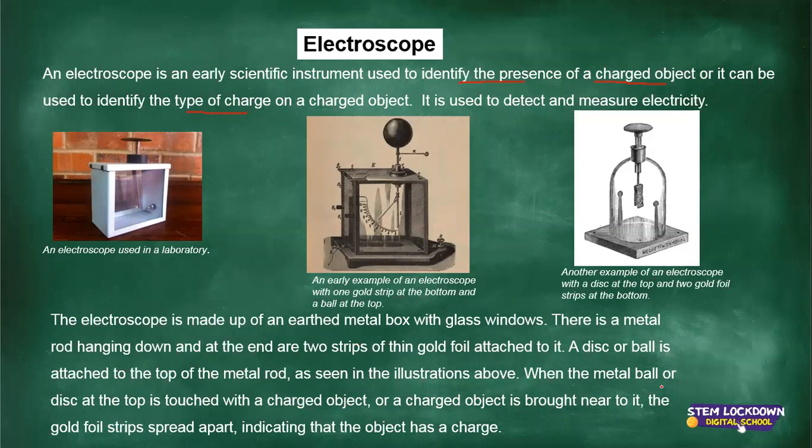And when the metal ball or the disc at the top is touched with a charged object, like for example if you knock something against it, or bang something on the ball, or tap something on the disc, or the object is brought near, then the gold foil strips spread apart.